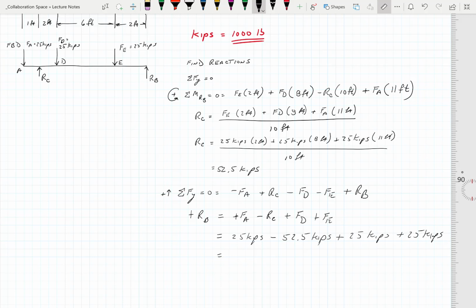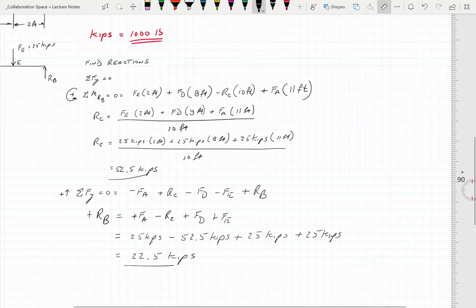And we're going to be equal to, what is that, 22.5? Okay. That's the plus RB. So that's an answer, that's an answer.